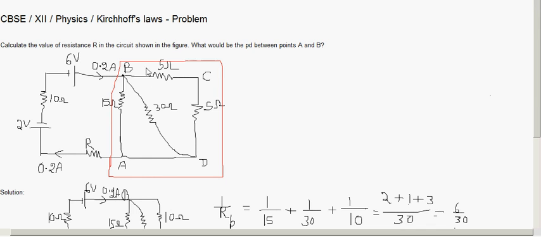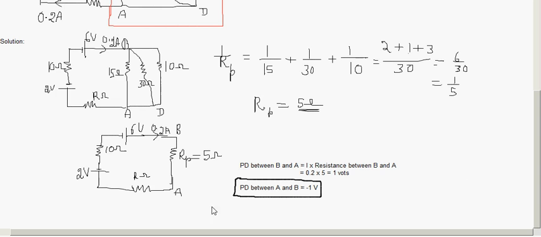Next question is to find out what is the resistance R in the circuit. We know all the other quantities in this loop. We know the voltage sources, and also we know the resistances and currents. Only the unknown is R ohm. So what we can do is apply KVL to this loop.